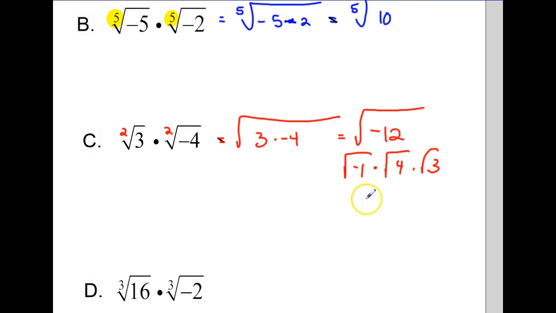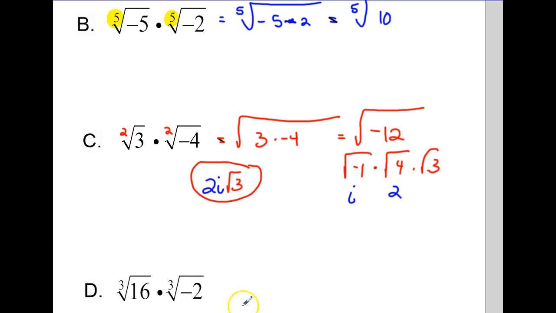And I know that the square root of 4 is a 2, and I know the square root of -1 is an i. So I can write this answer as 2i, and then we're going to leave that radical 3. And that's how I simplify C.